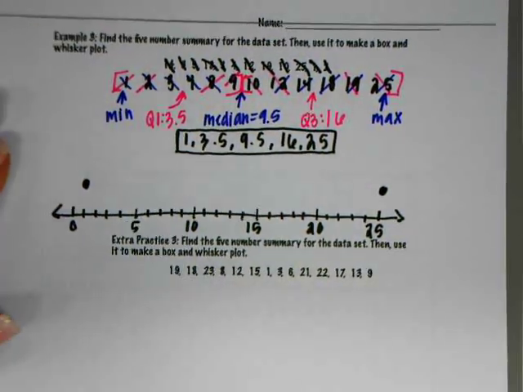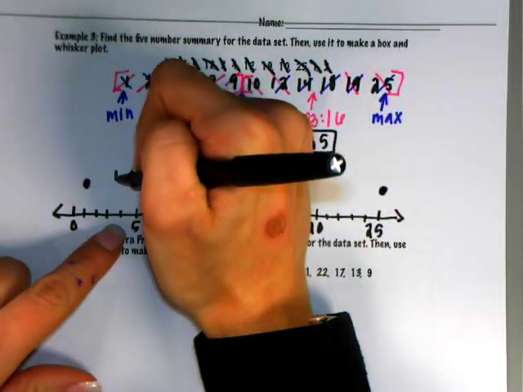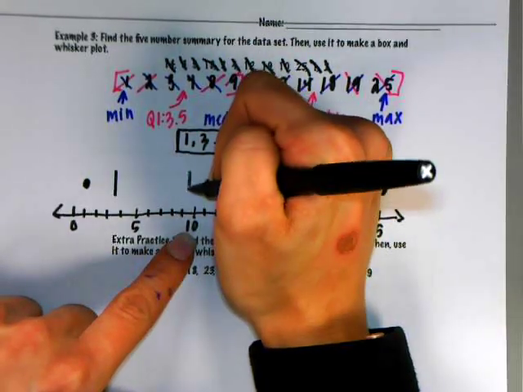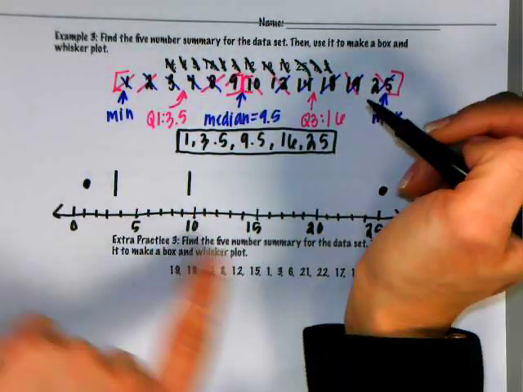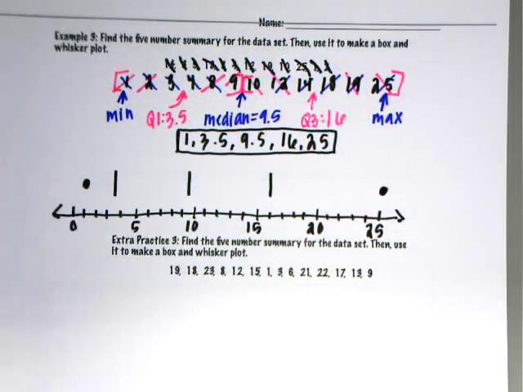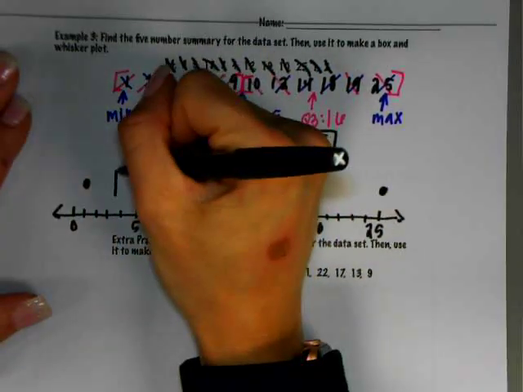And then the other numbers are going to get lines. So 3.5, 9.5, and 16. And then you just kind of close it up. So here.